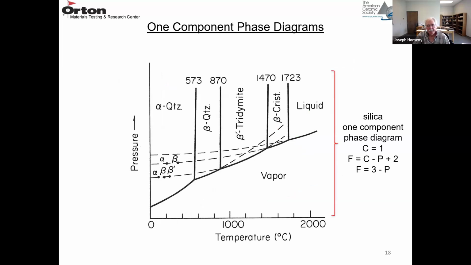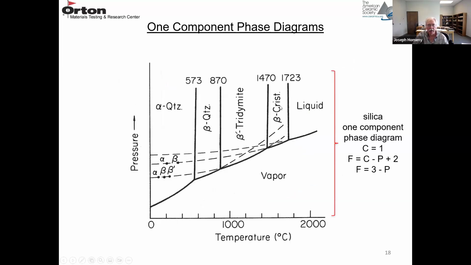So this is a one component phase diagram for silica. We'll have a lecture on silica refractories. So pressure and temperature. There are three phases present for silica: quartz, tridymite, and cristobalite.